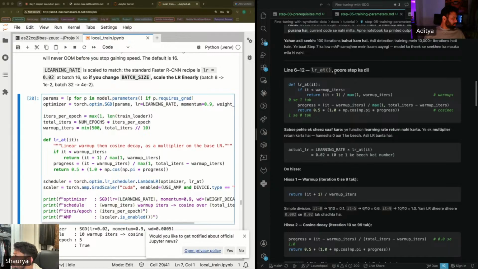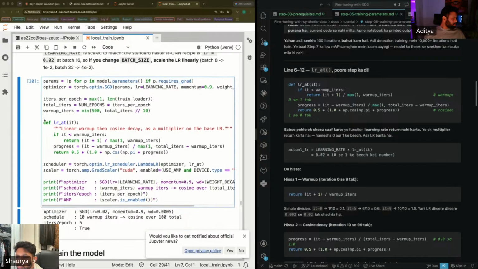Lines 6 to 12. Okay, so this function is linear warm up then cosine decay as a multiplier on base LR.